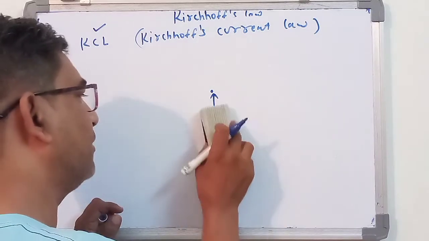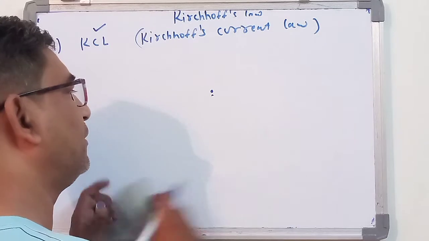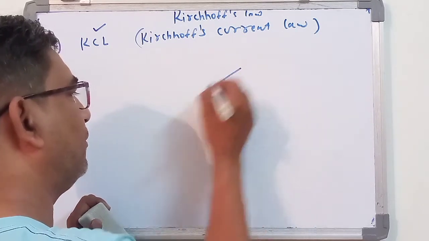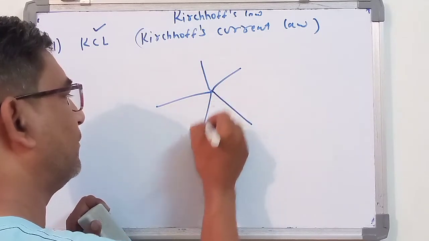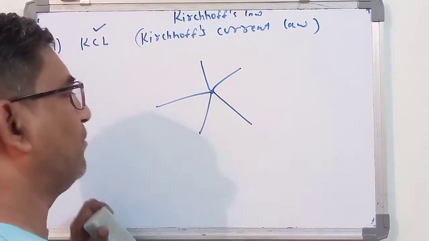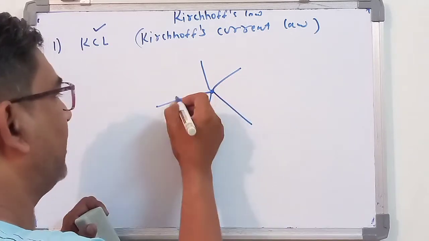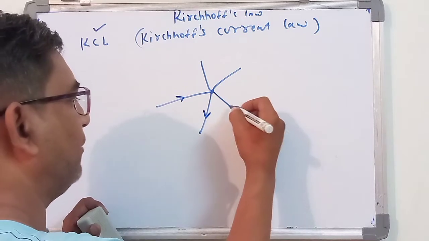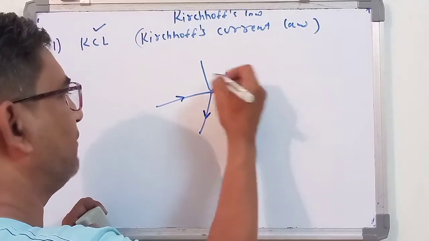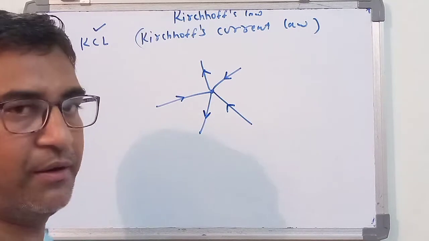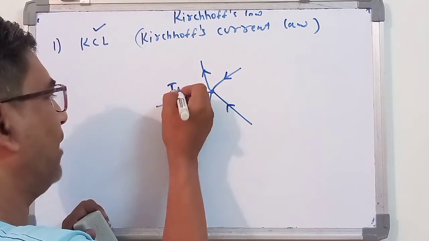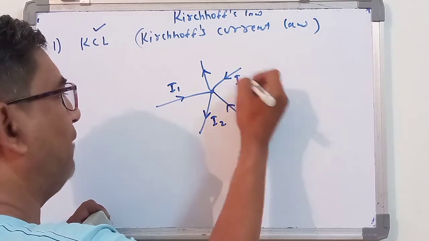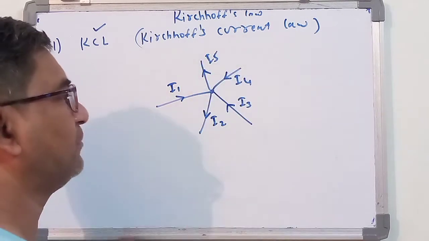Suppose you have this point and these arrows looking like this. Consider these current values, which we have named I1, I2, I3, I4 and I5.